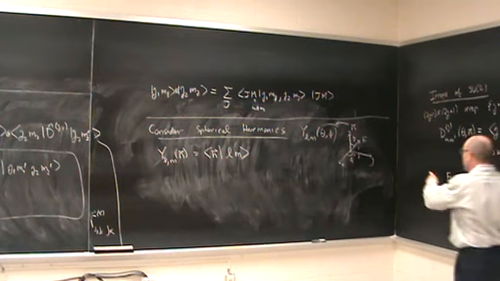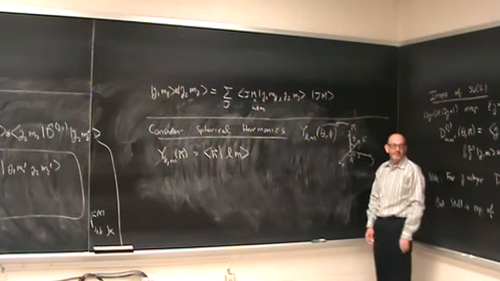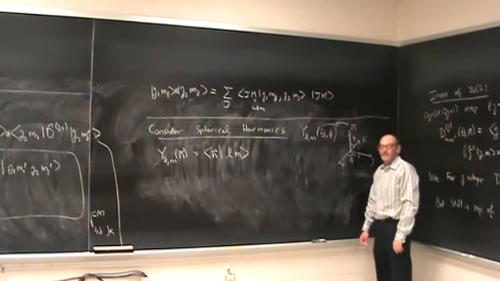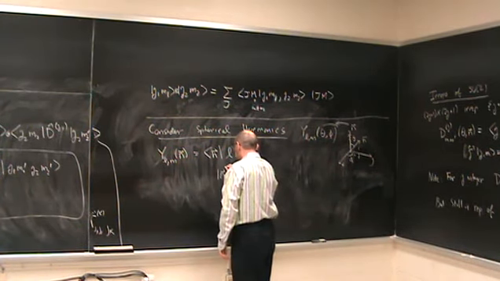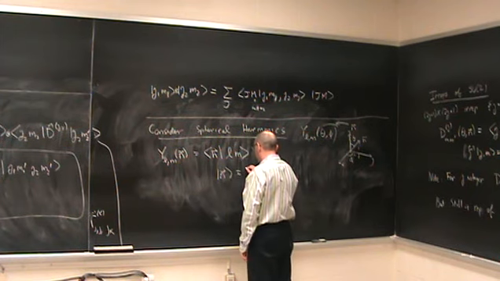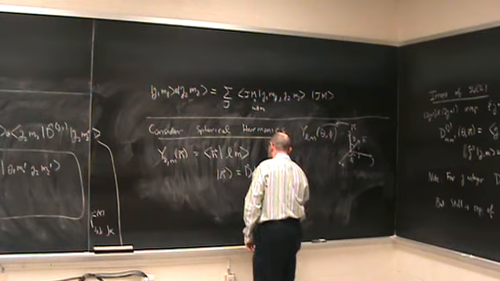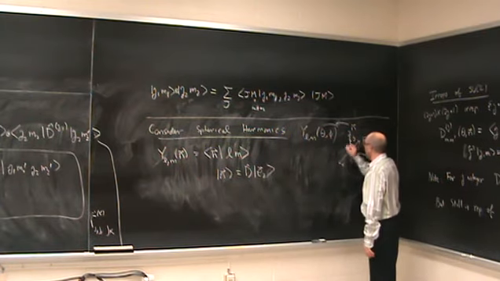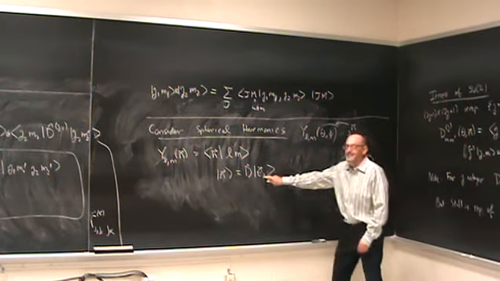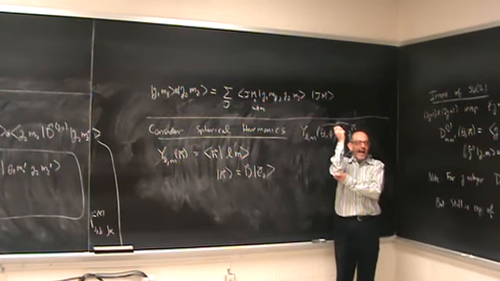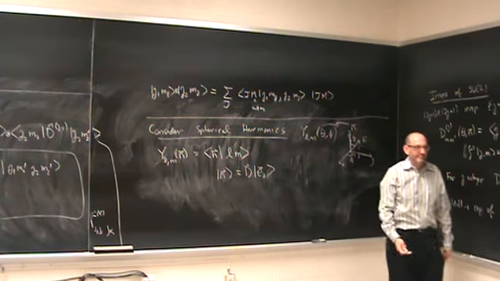Right? Now, this vector is just a rotated vector of the z-axis. So I can say that the ket n is some rotation on the position vector along the z-axis. So this is the position ket on the z-axis, distance 1 from the origin.